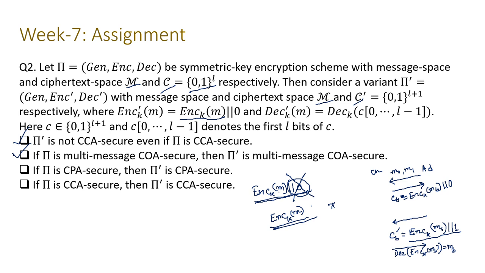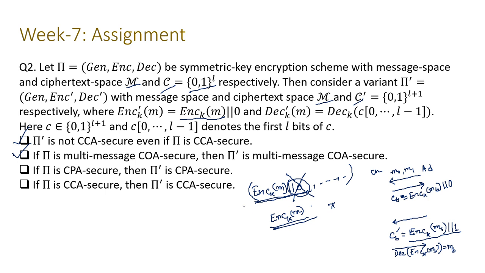Okay, I have written only a single ciphertext here, but the scenario will not change even if I write multi-message encryption, right? So there will be a vector of ciphertexts then, right? Encryption k of m1 appended with 0, encryption k of m2 appended with 0, like that, say L number of messages encrypted together with the same key, in the scenario of multi-message COA security.